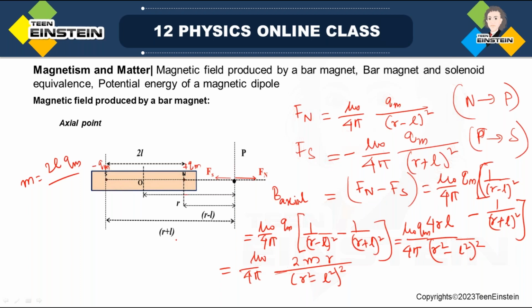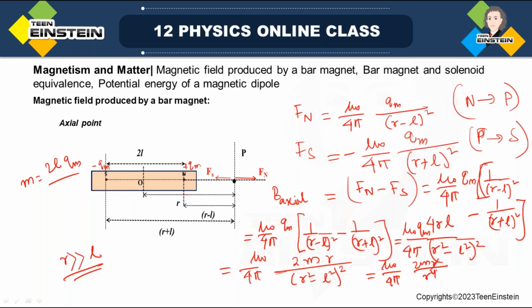So there is an approximation. If this distance r is much greater than the dimension of the dipole itself, then this l square could be neglected, and this whole term could be written like this. 2mr is fine here, and it is r to the power 4.